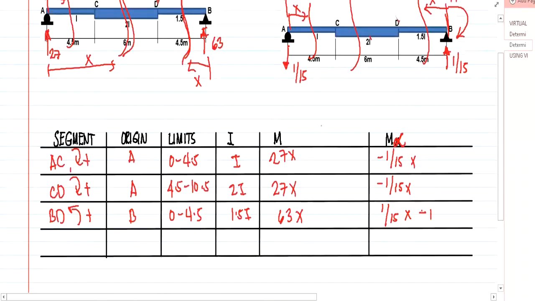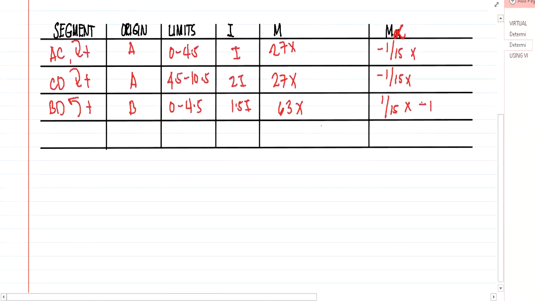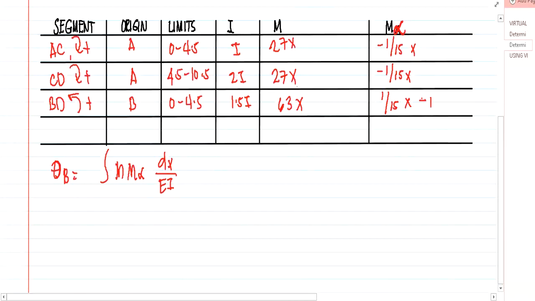So we can now apply our virtual work expression kasi meron na tayong moment equations. Okay? So to solve for the slope at B, that is the integral of m alpha dx over EI. Okay, so you just have to copy the equations, di ba? So that is equal to, limits natin, 0 to 4.5, 27x times negative 1/15x. Okay, dx over EI.